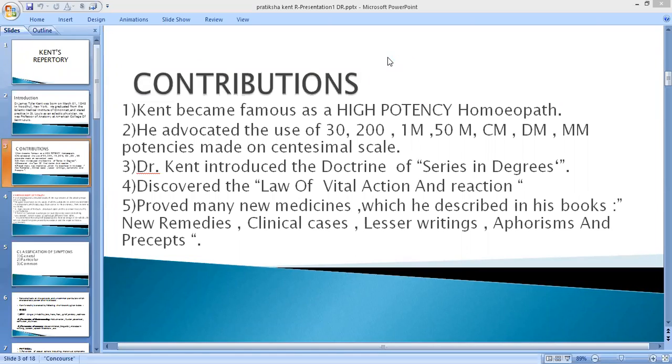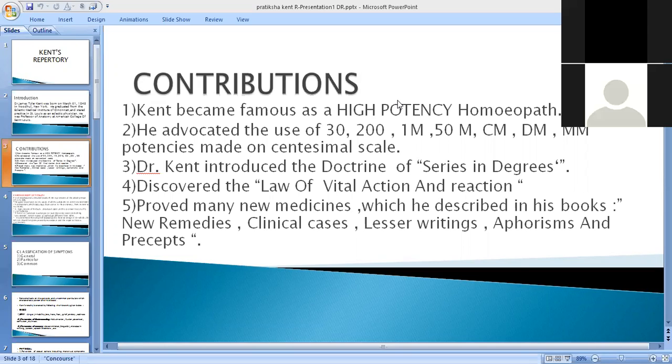How Dr. Kent, who was a professor of anatomy at an American college, converted towards homeopathy, which incidents happened, which developed interest in homeopathy, then how he devoted himself to homeopathy, and how he became a well-known homeopathic practitioner.